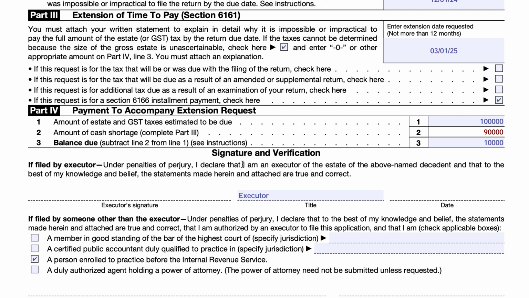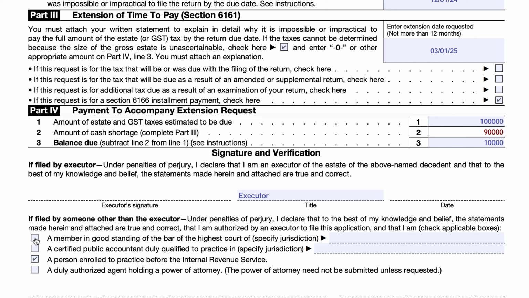So in the signature field, if you're the executor, you would sign this, enter your title and the date. If this is completed by someone other than the executor, which we'll cover in a moment, then you would enter the specific outline of where you are.